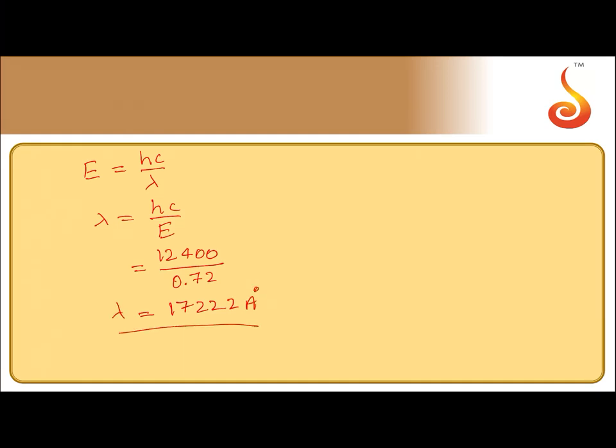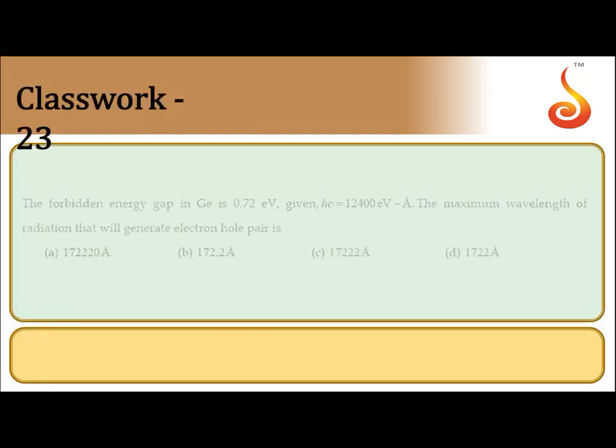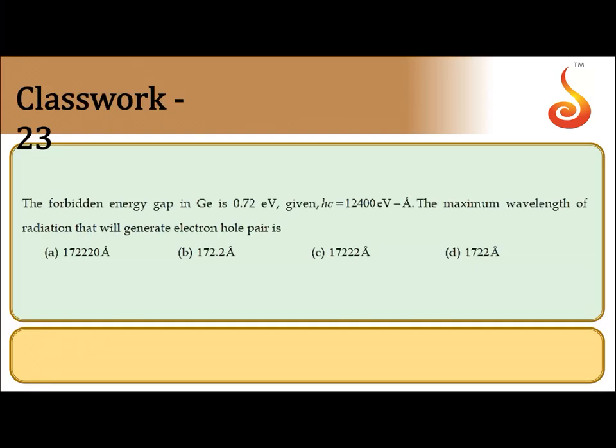Looking at the options, if you just find the order of the value, that is sufficient. Everything else is 1722. So just find the order. So that is option C.